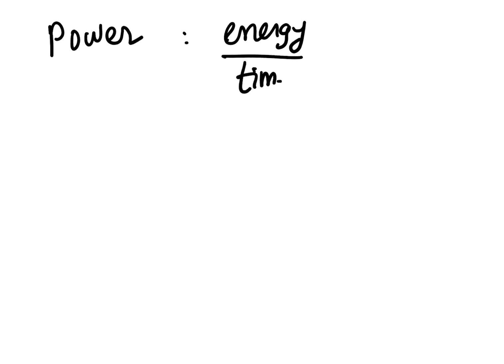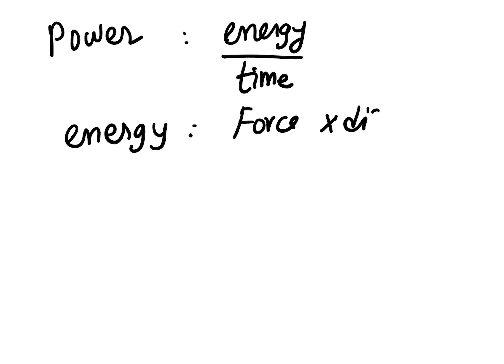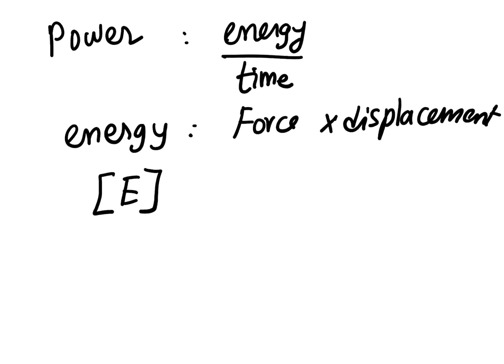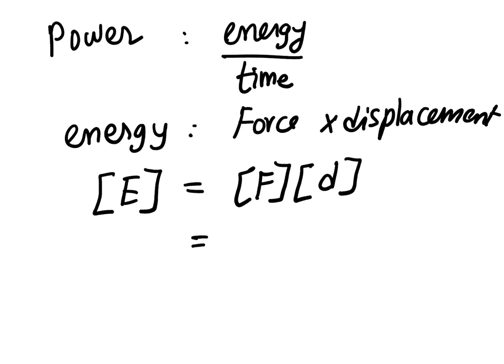Like for example, if I take power, it is usually defined as energy spent or energy gained per unit time. And energy is usually force multiplied by displacement. So you need to find the definition of that quantity and from that you try to extract its dimension. So the dimension of energy would be the dimension of force multiplied by the dimension of displacement.